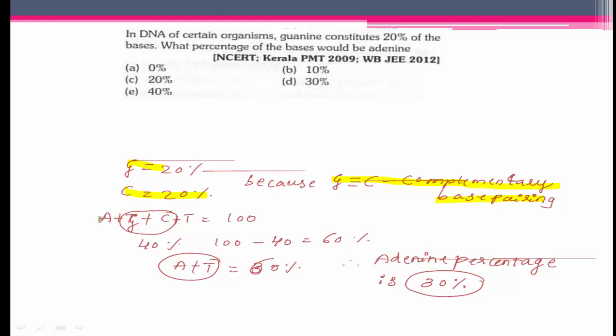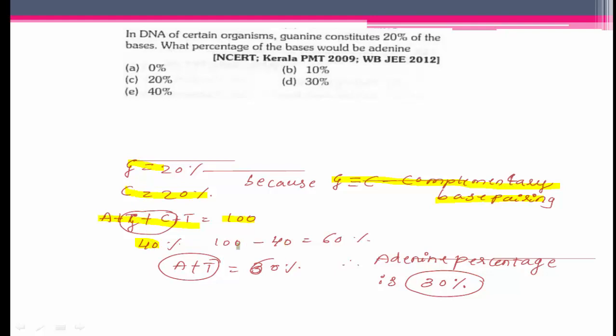In the DNA molecule, A plus G plus C plus T is equal to 100%. Let us take these two. They represent 40%, because guanine is 20% and it is always pairing with cytosine. 20 plus 20, it is 40%.